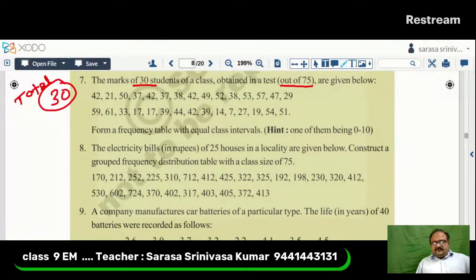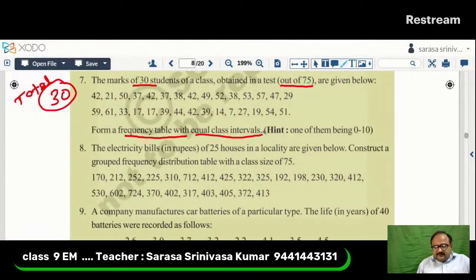Here these are the observations. Now the hint: form a frequency distribution table with equal class intervals. So specifically we should prepare equal class intervals.